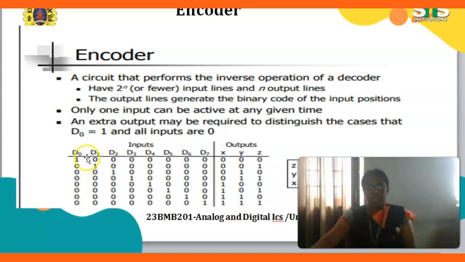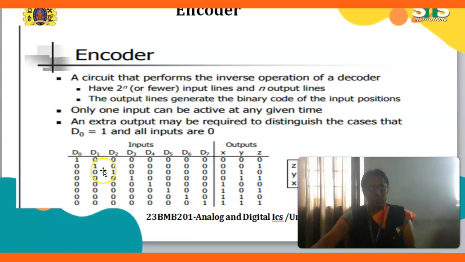The input lines start from D0, D1, D2, D3, D4, D5, D6, D7 and there are 3 output lines. D0 being 1 gives outputs 0. When input D1 is 1, the outputs are 0, 0, 1.